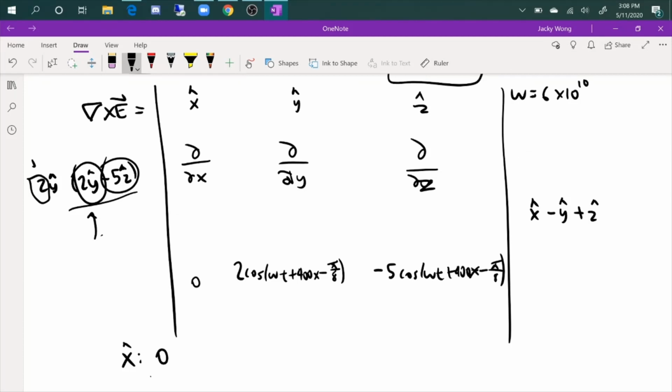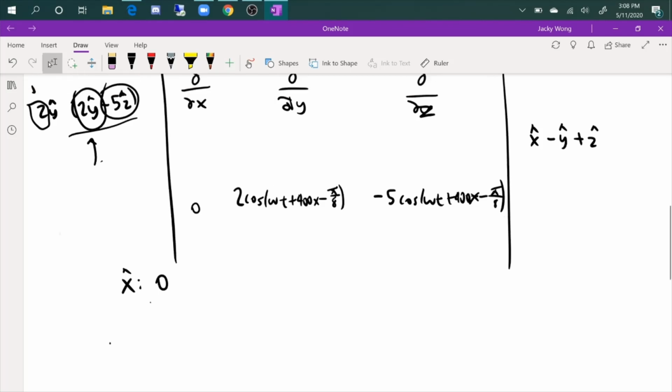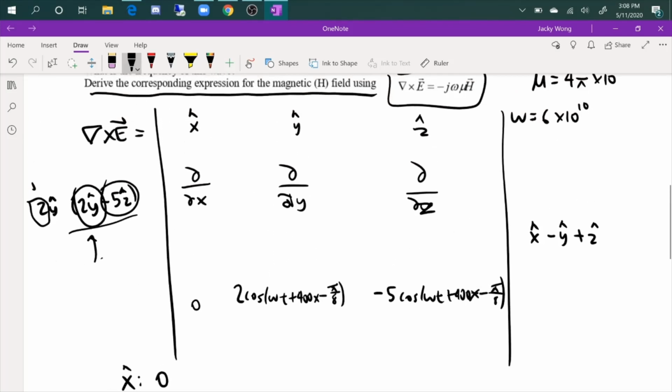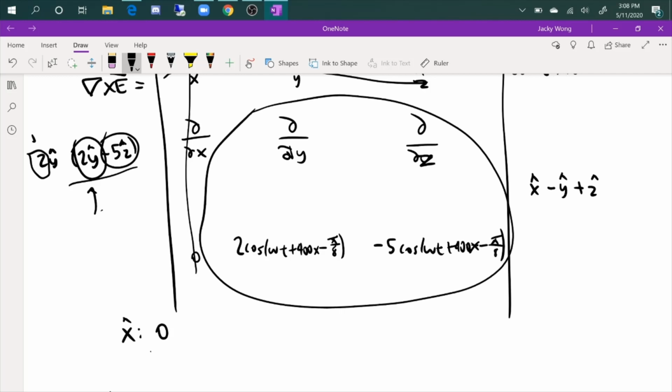I wanted to quickly go over why we have x as 0. If we draw the 2 by 2 matrix, we take out the x in the first row, leaving us with the 2 by 2 matrix over here.